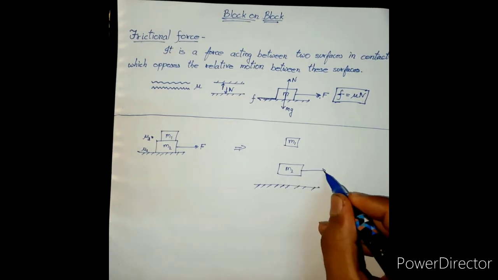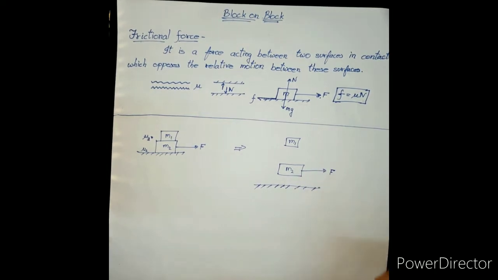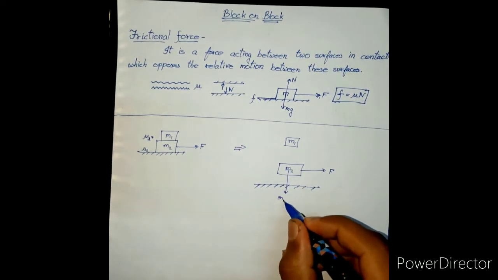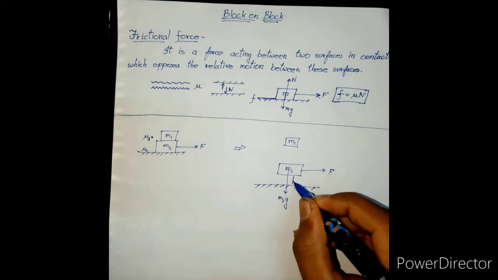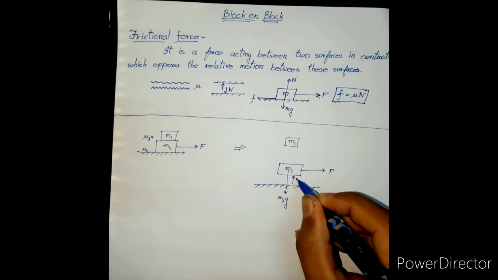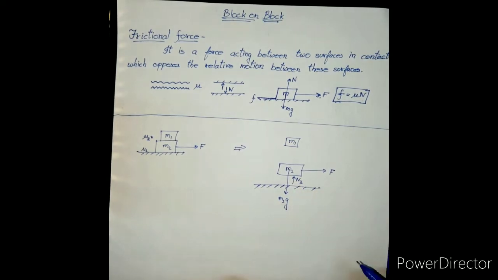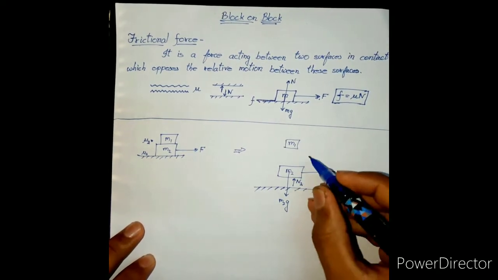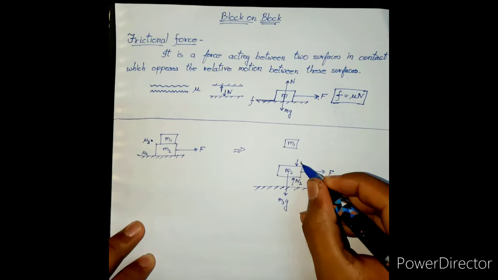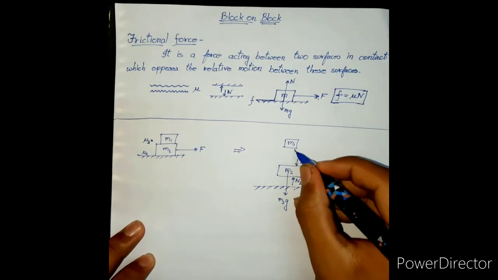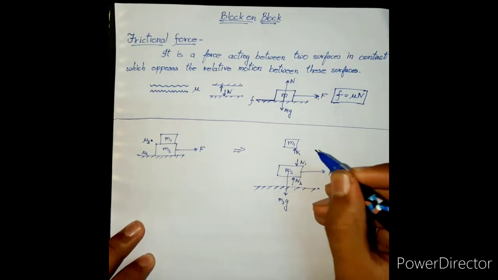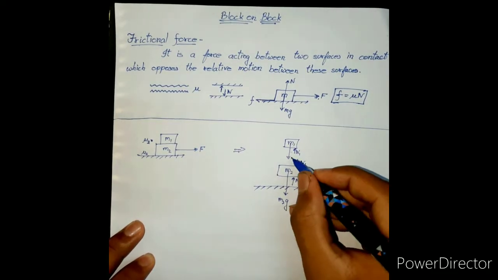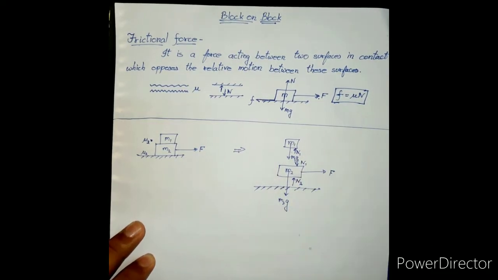Here the external force is acting in the rightward direction, weight is acting downwards, m2g, and the normal force is acting on the block, which I'm taking as N2. The normal force because of m1 will act on m2, which I'm taking as N1. Now the same N1 will act on block m1. Here we will get the weight of the block, m1g.